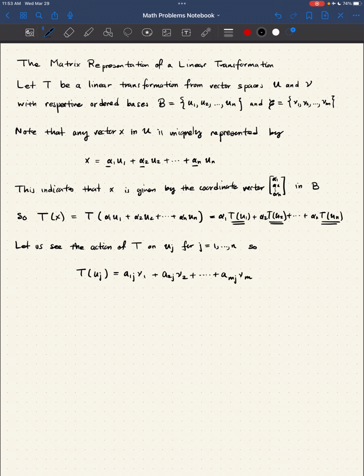Why this decomposition? Because the vector that we have here is in V, and v1, v2 up to vm form an ordered basis for V. So it admits this decomposition.